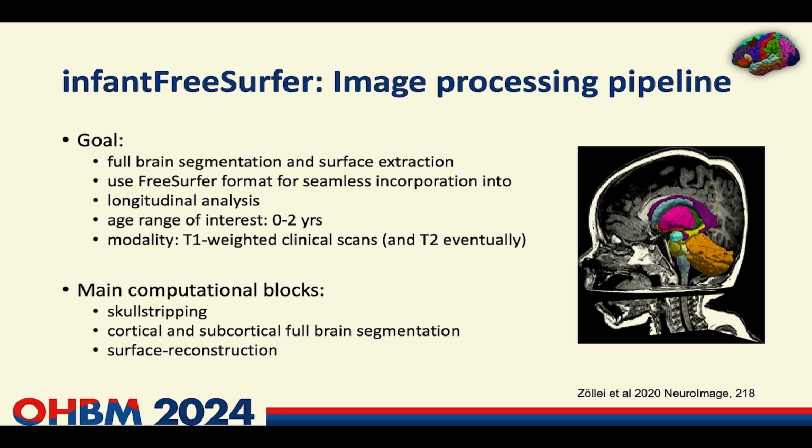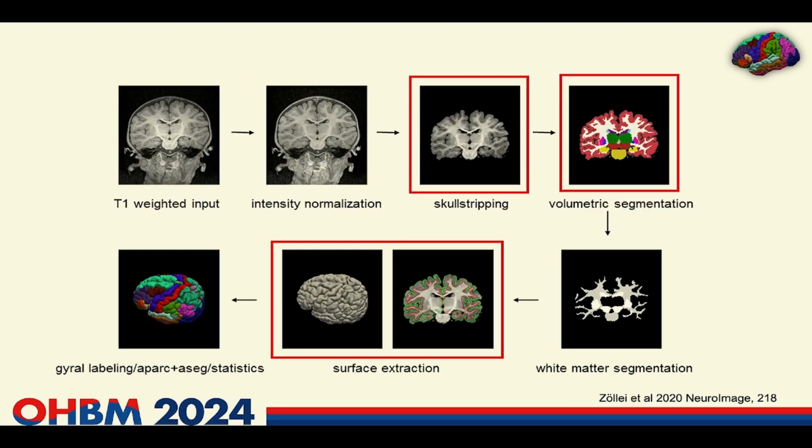I'm going to show you the individual computational blocks and then focus on the surface-related steps here. So this is a quick outline of what FreeSurfer and also Infant FreeSurfer are doing with the main computational blocks.